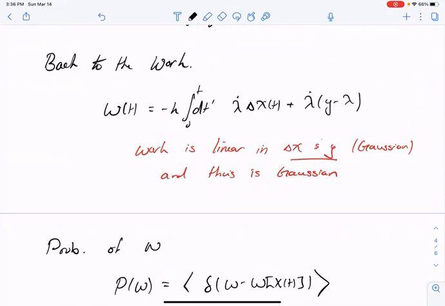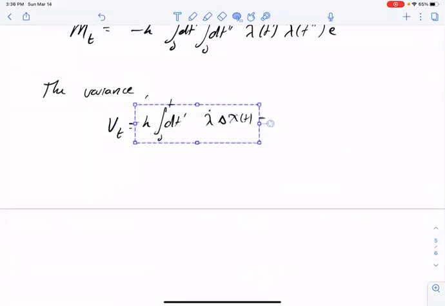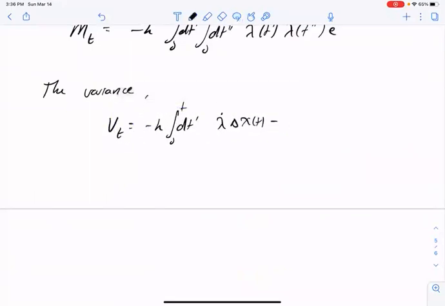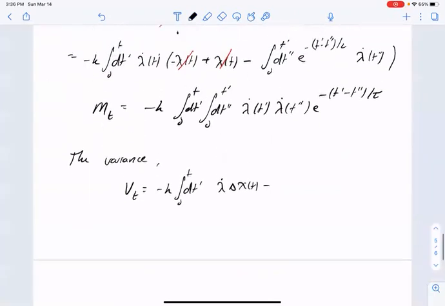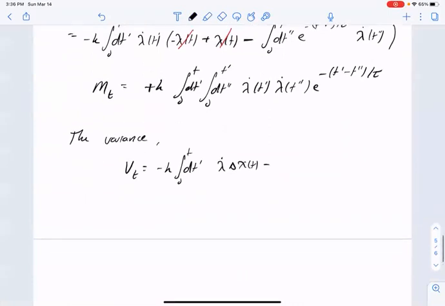Delta x, while it has an average of 0, has finite fluctuations. So the variance will just be given by this quantity squared. Just realized I dropped this minus sign. That should be plus.